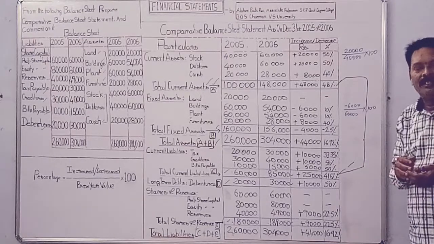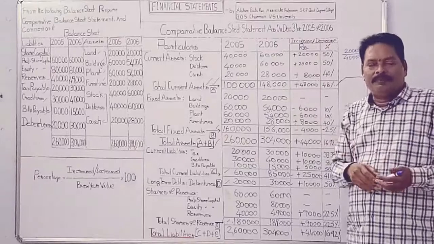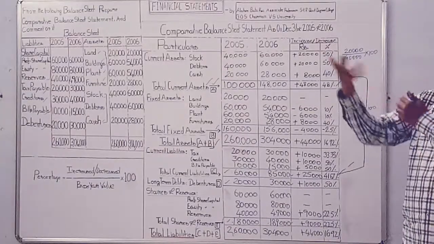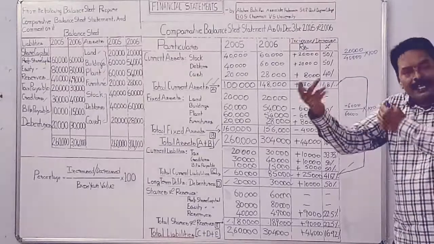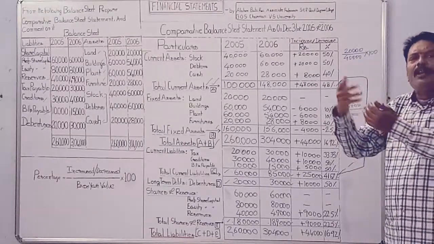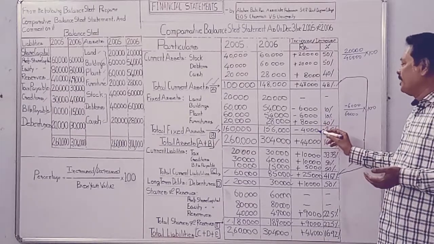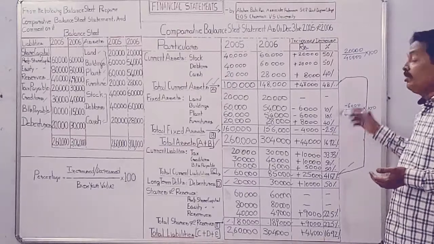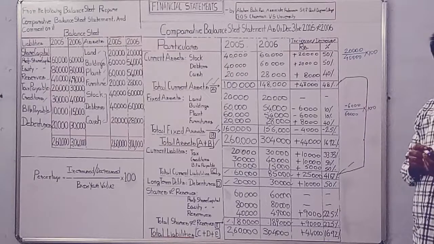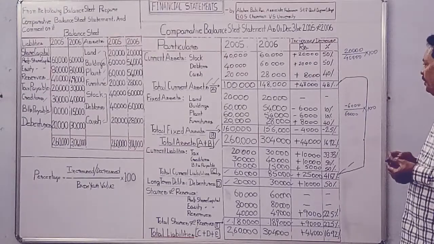That indicates the firm cannot be extended, cannot be expanded. That means it cannot be developed. Why? Because assets are decreased by 4%. It is negligible. It doesn't impact the running of the business. So you simply ignore it.